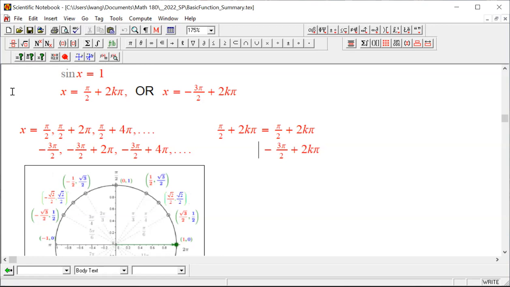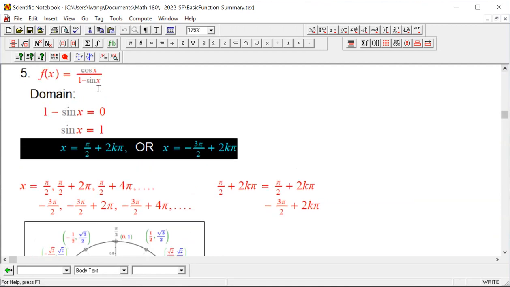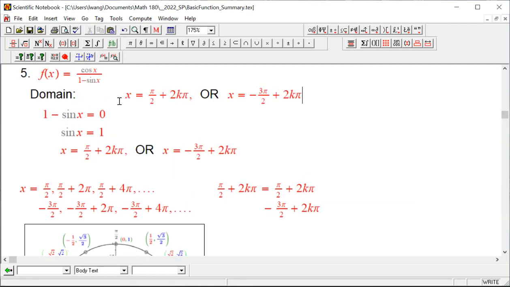So these are the values that must be excluded from the domain. When we're stating the domain, we will say x cannot be that, it cannot be that. Those are the values x cannot be.